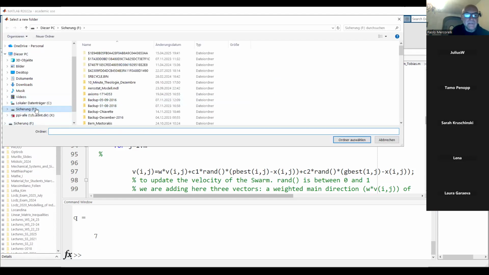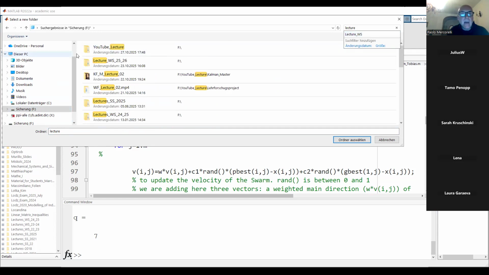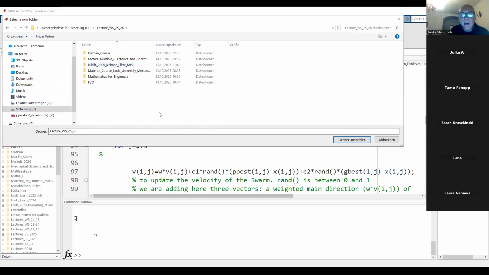This is the Windows system, so no problem for you. I don't have to clarify what I am doing: I am moving through the folders in order to find the material. Part of the material I already uploaded in my study. Now I would like to upload something more. Yeah, MATLAB course.